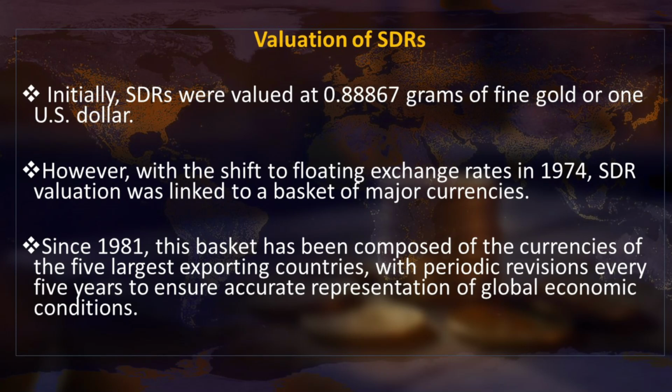Since 1981, this basket has been composed of the currencies of the 5 largest exporting countries, with periodic revision every 5 years to ensure accurate representation of global economic conditions. So this is how the valuation of SDRs is done by the IMF.